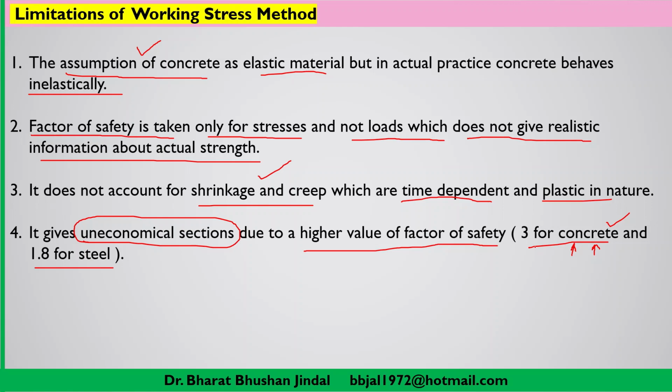So if, suppose, M30 grade of concrete is there, then the strength of concrete will be 30 MPa, but by dividing by the factor of safety of 3, we are considering that the concrete of 30 MPa has a strength of only 10 MPa. So that's why we have to use more quantity of concrete as well as more quantity of steel. Due to that, it gives us an uneconomical section.